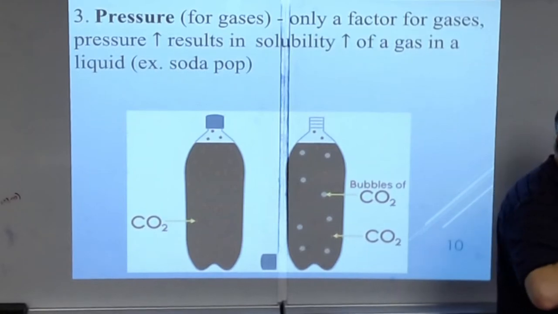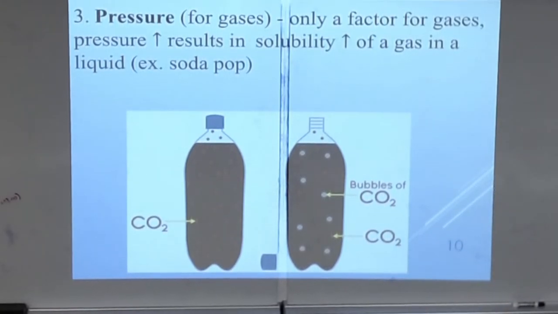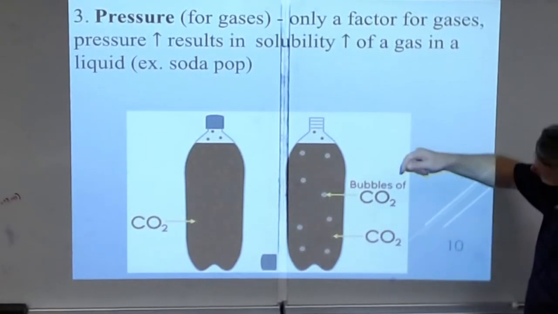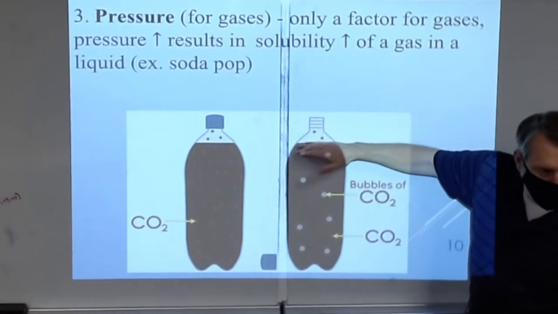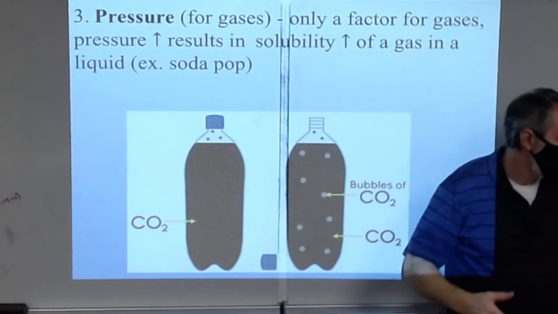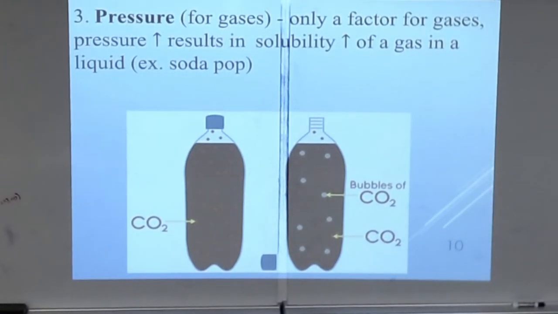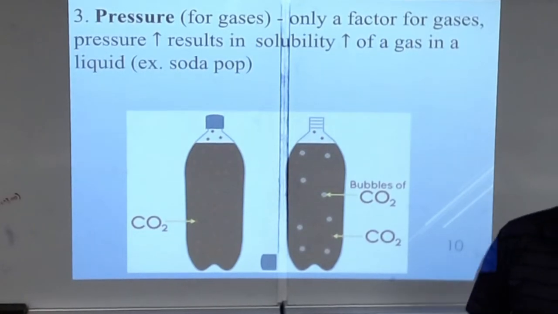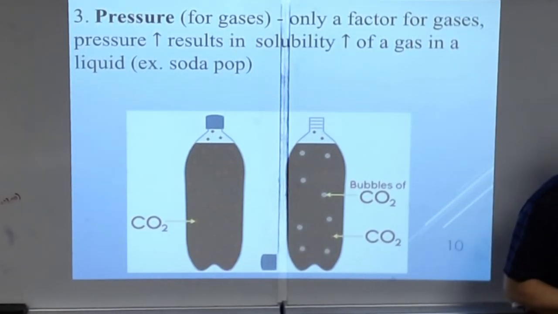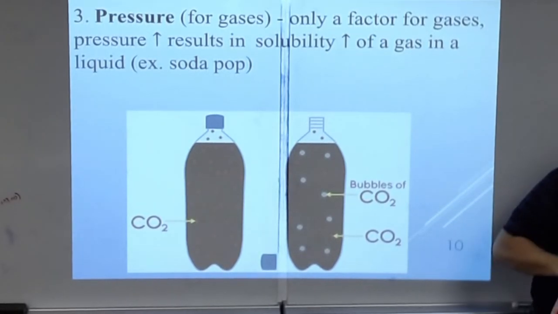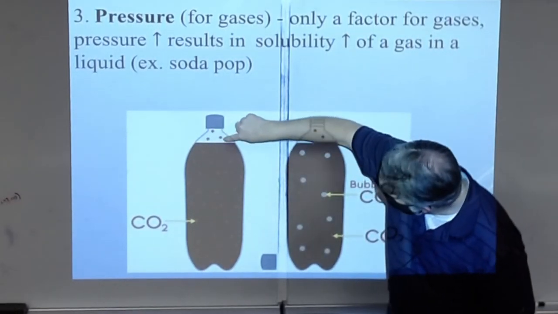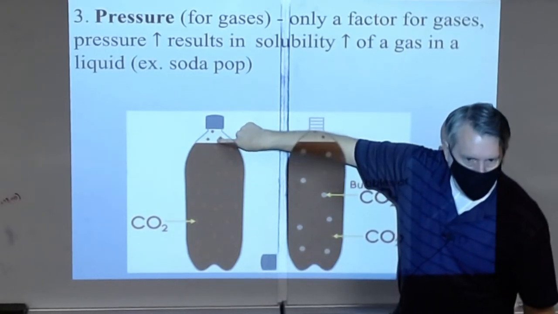But we can't compress liquids and solids. So when I'm talking about pressure, I'm talking about the pressure pushing down onto the top of the liquid. So for example, in soda bottles, oftentimes you'll have about 5 atmospheres, which is a significant amount of pressure, of carbon dioxide being forced in there. So this space right here is about 5 atmospheres.